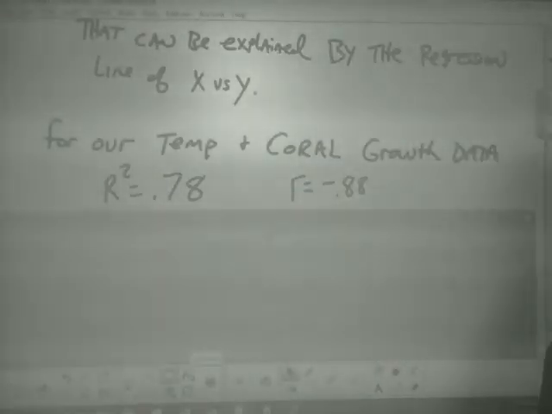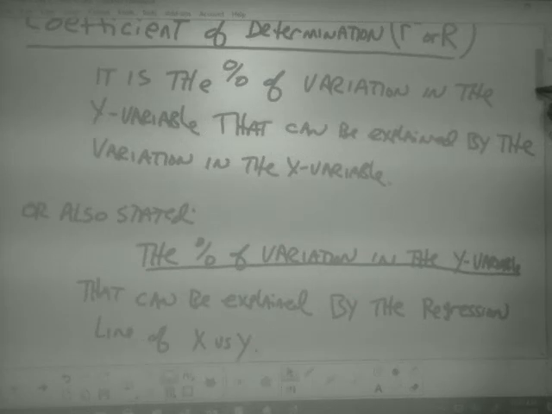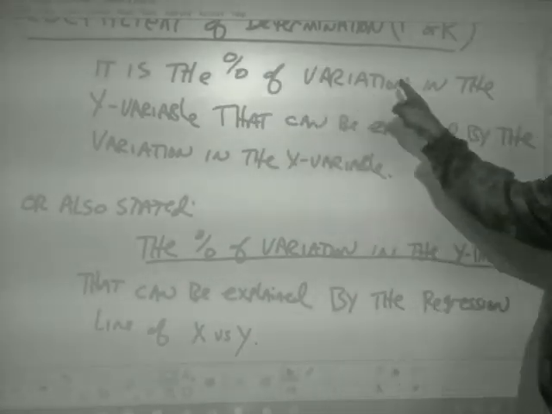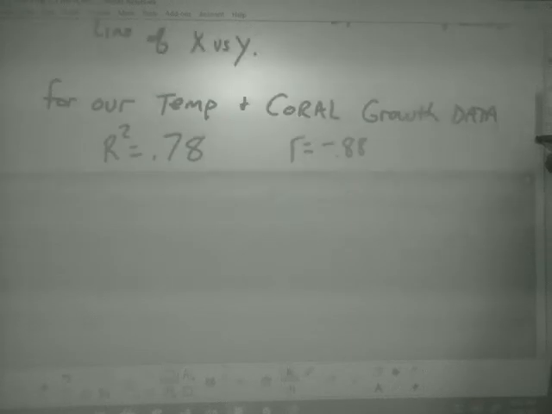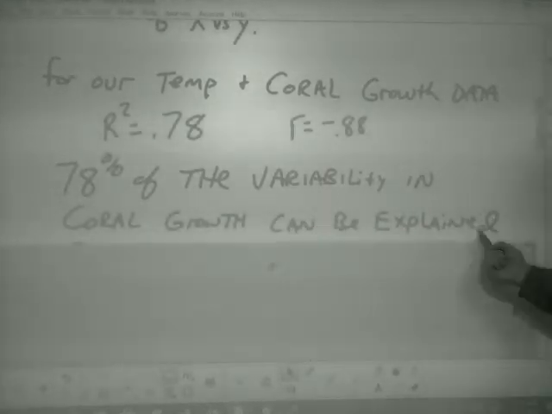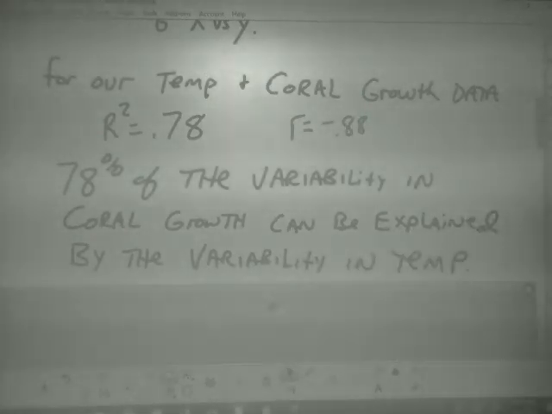So, what does that mean then? Well, if I follow this template, 78% of the variation in my y variable here, coral growth, can be explained by the variation or variability in temperature.